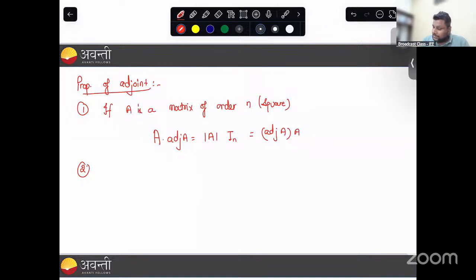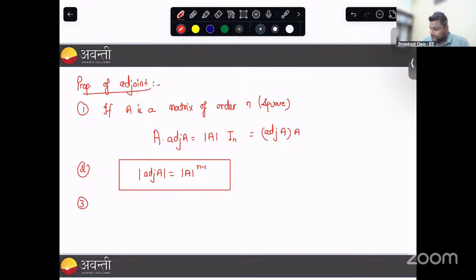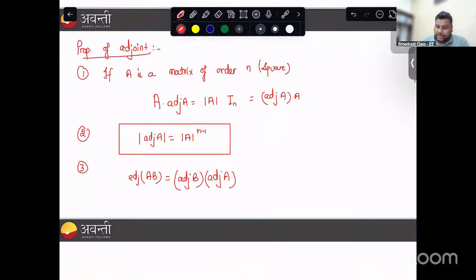Second one, determinant of adjoint A is determinant of A to the power n minus 1. I gave you even the proof of this one. Yes or no? Third one. Adjoint of AB is adjoint of B into adjoint of A. That is the reversal law of adjoint.